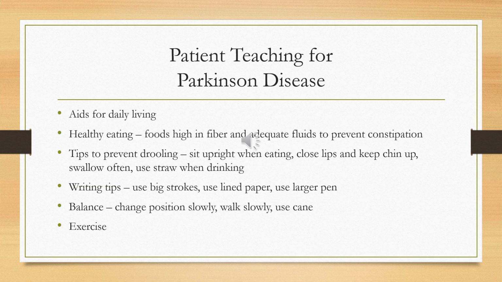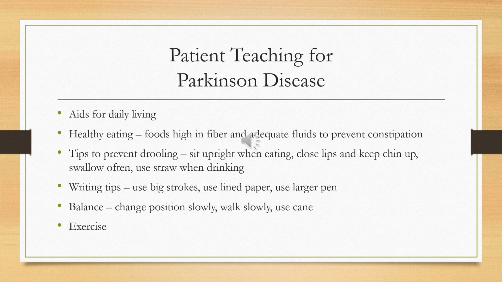The GI system is going to slow down. Peristalsis is going to slow down. So when things start to slow down, you have increased risk of constipation. So you want to make sure you're teaching them high fiber foods with adequate amount of fluid intake to try to prevent any types of constipation.